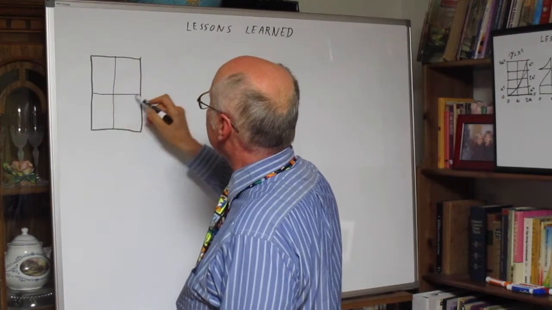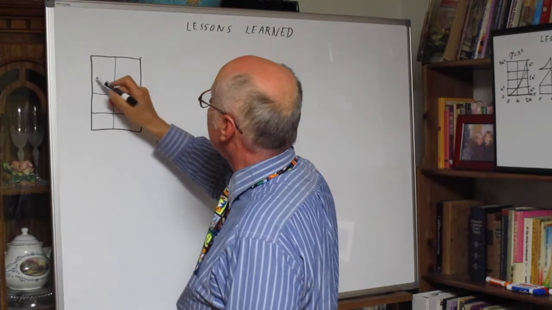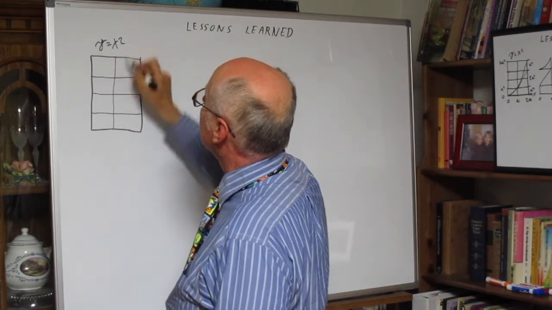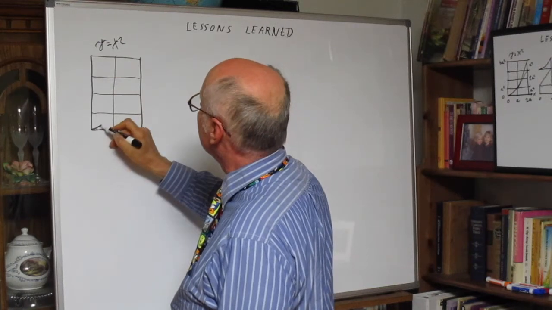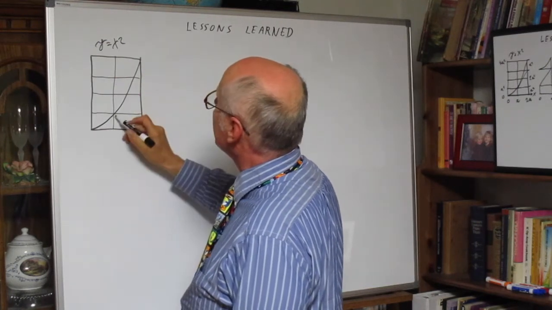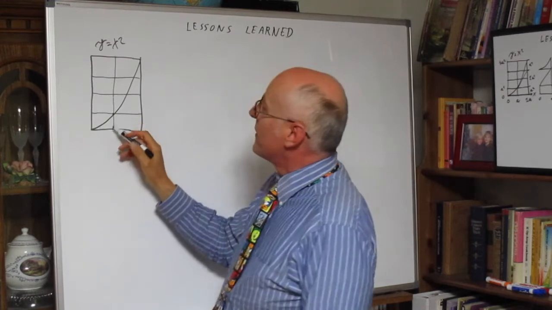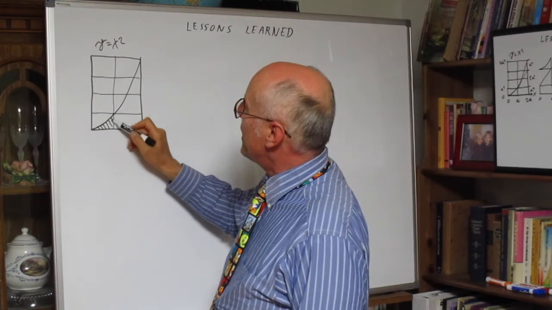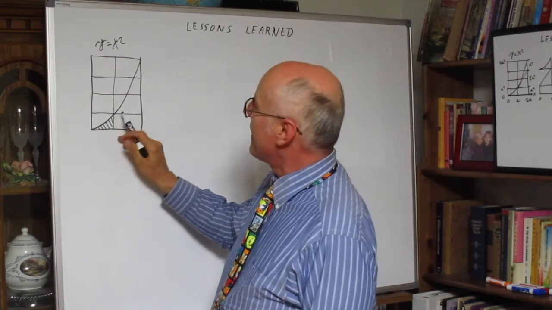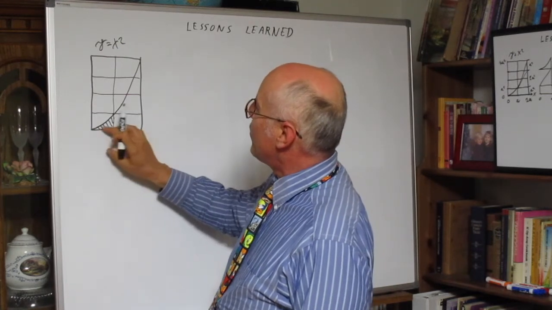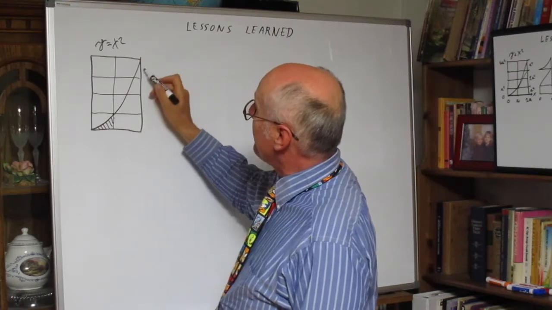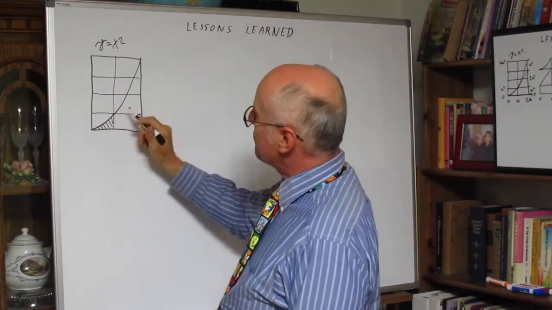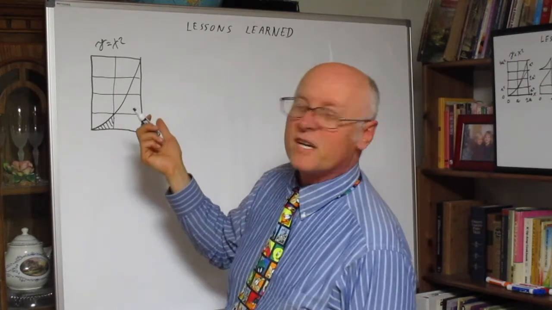So here's our basic setup for y equals x squared. This is what I knew. I knew that this wedge here was 1/8 of this big wedge over here. And that was just by rubber band geometry.